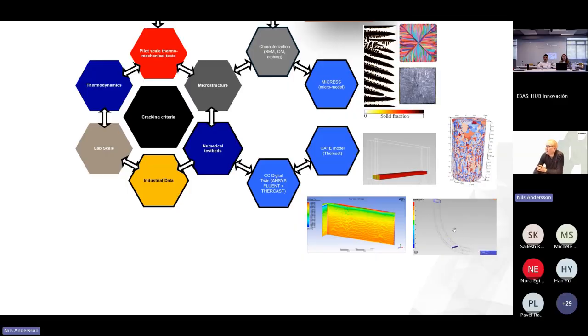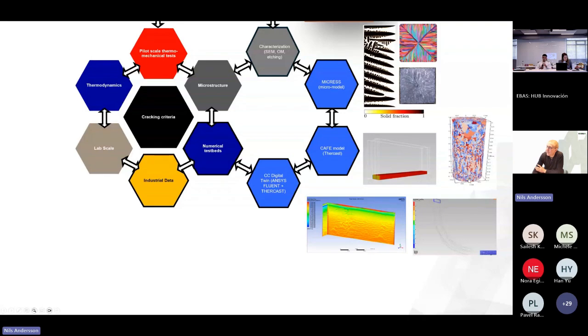And to bridge the macro with the micro scale, we can use this CAFE model approach, or the cellular automaton coupled with finite element. And here we can use results from the micro model and get nucleation densities that we input into this mesoscale model. And this is coupled with this slice approach.